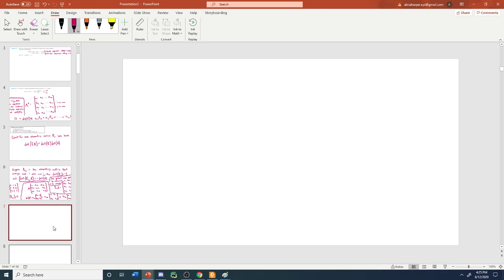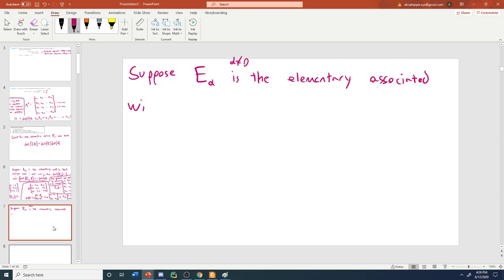So in this case, suppose E alpha, alpha not equal to 0, is the elementary matrix associated with multiplying, maybe I'll give another subscript, i, the ith row by alpha.